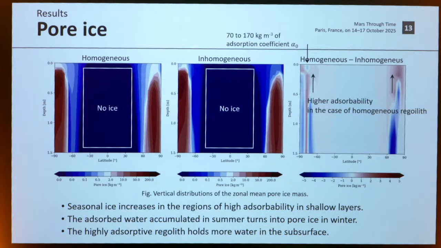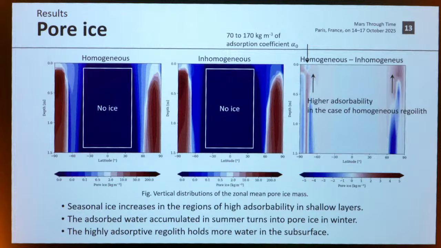And when we look at the seasonal ice, it increases in regions of high adsorbability in shallow layers. When you look at the differences in the right figure, in this case homogeneous regolith has higher adsorbability in the shallower layer.